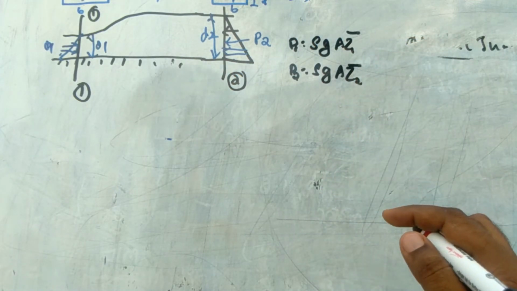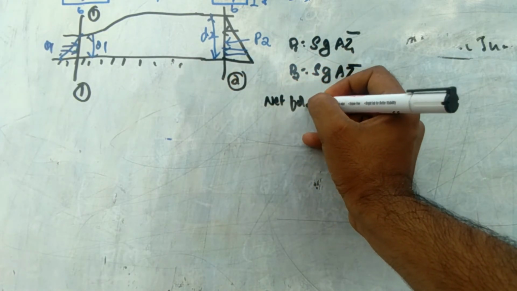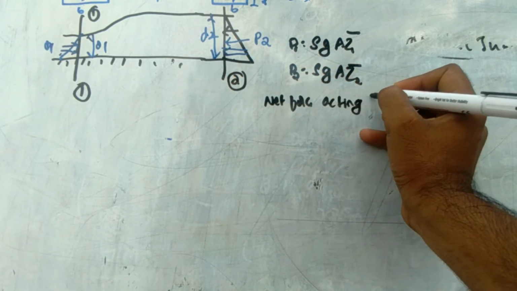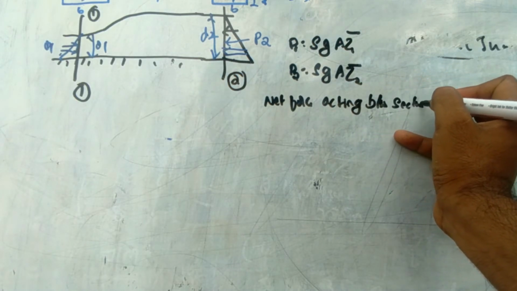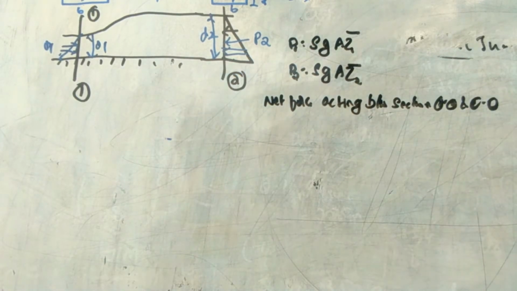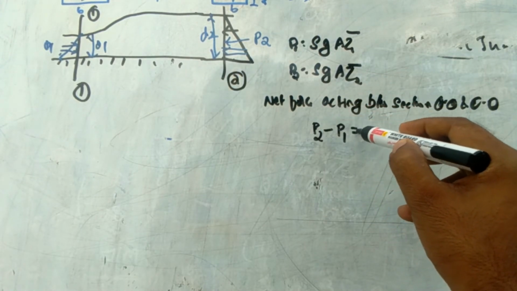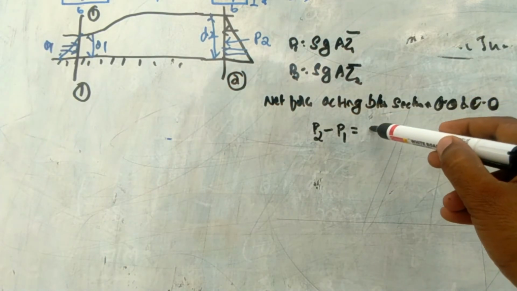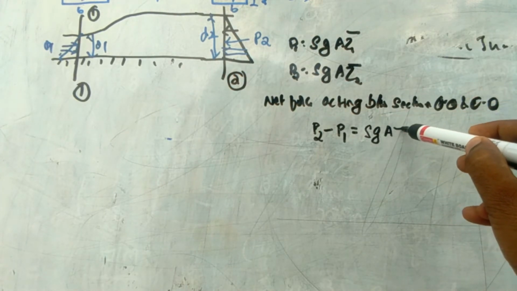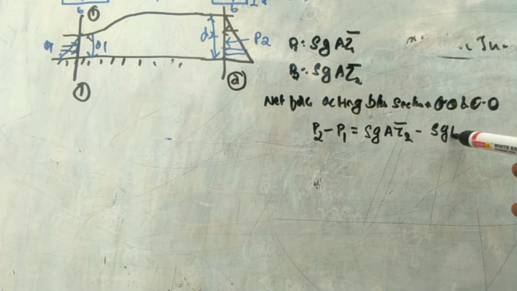So the net force acting on the fluid mass between section 1 and 2, how can we write it? P2 is bigger here, so P2 minus P1, which means rho g A z2 bar minus rho g A z1 bar.